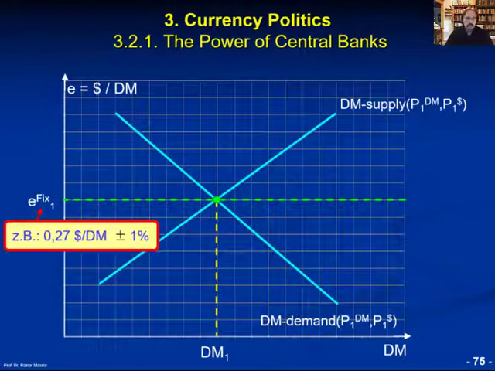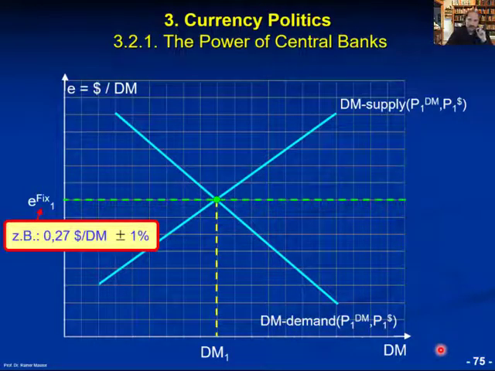This diagram represents the foreign exchange market between the Deutsche Mark and the US dollar. We measure on the y-axis the exchange rate dollar per Deutsche Mark and on the x-axis the trade volume in Deutsche Mark.